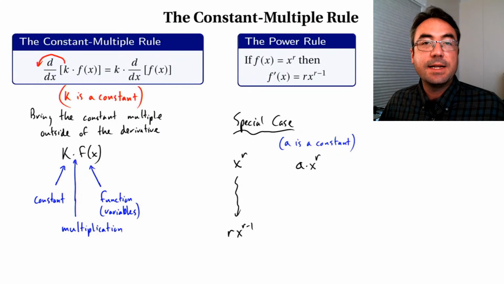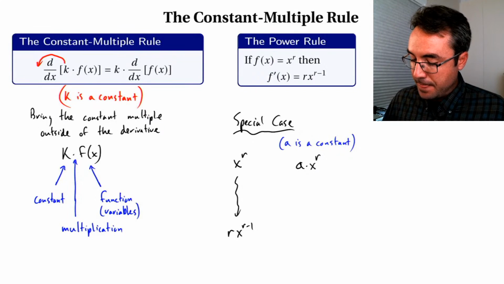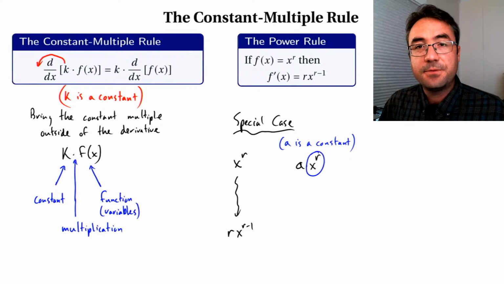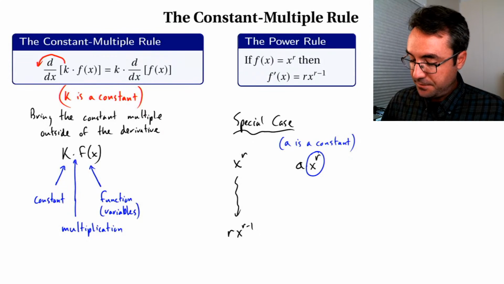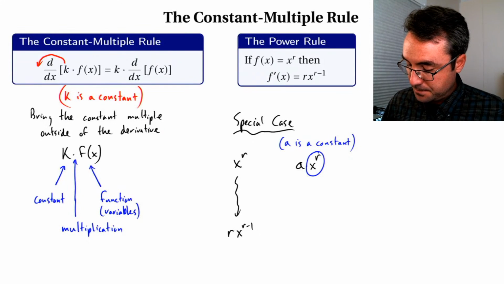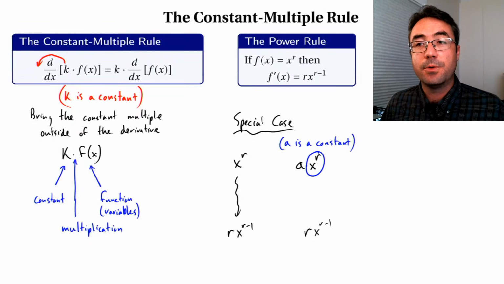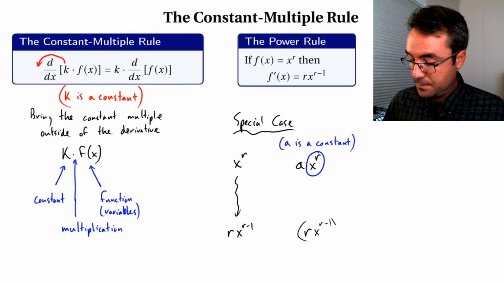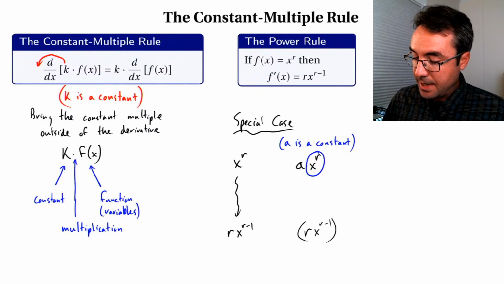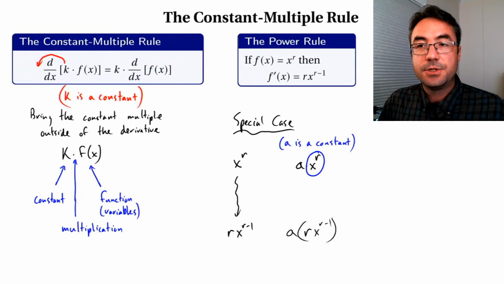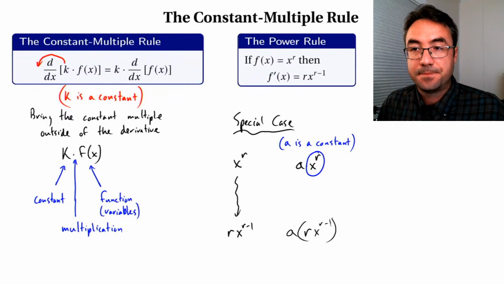Well, what this constant multiple rule says is we can focus on just the variable term and differentiate that. So the derivative of x to the power r is just r times our variable raised to the power r minus 1, so just the power rule. And then the constant multiple just kind of stays in front.